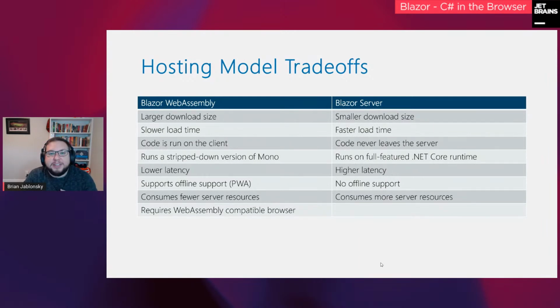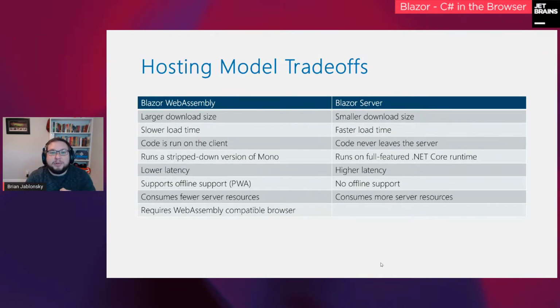Or if you're trying to talk to some IoT devices or a printer, you won't really be able to do that in the Mono framework that runs in the browser. Whereas with Blazor Server, you have the full .NET Core runtime. So if you want to talk to IoT devices or whatever, you can do that.